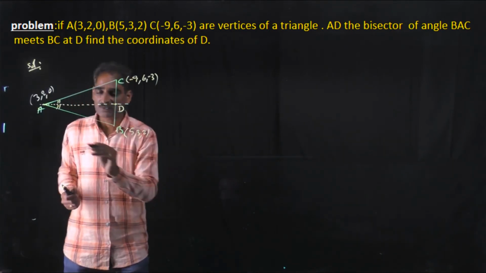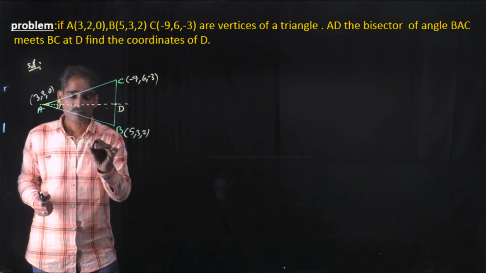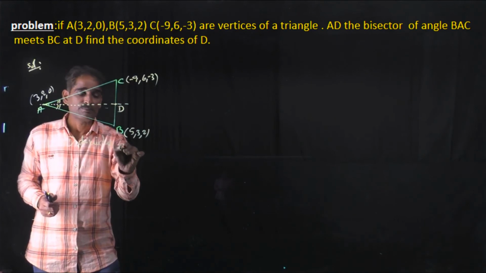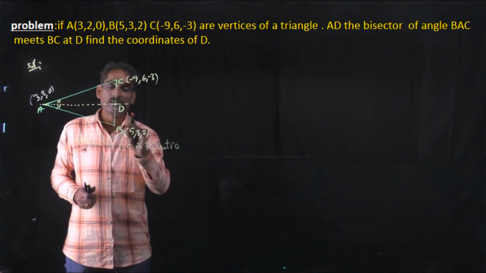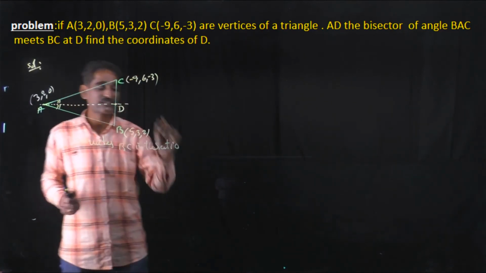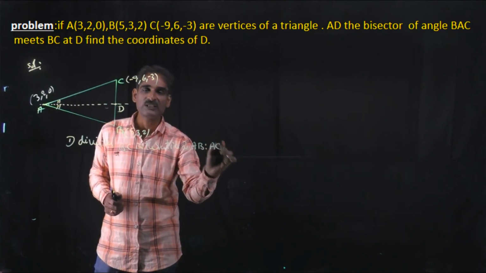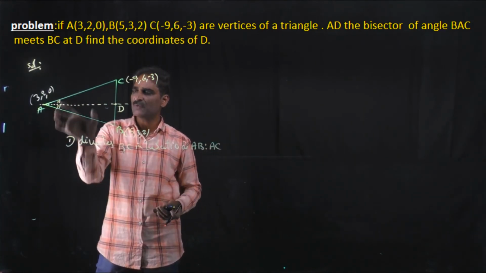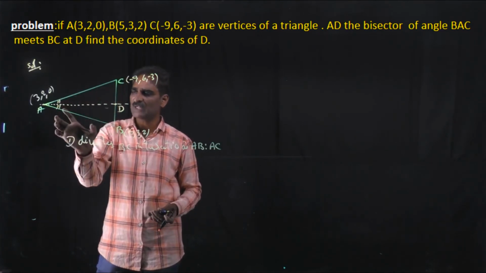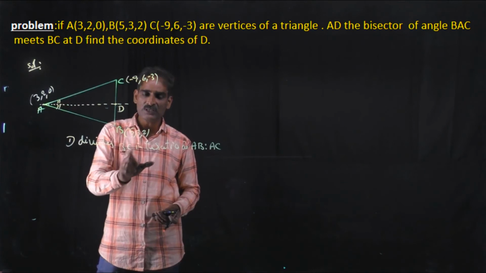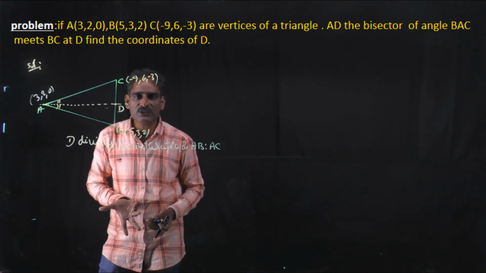So D divides BC in the ratio AB is to AC. If you know the length of AB and AC, we will get the ratio. So first of all find out AB and AC length. If you know the ratio, you can find out the coordinates of D.